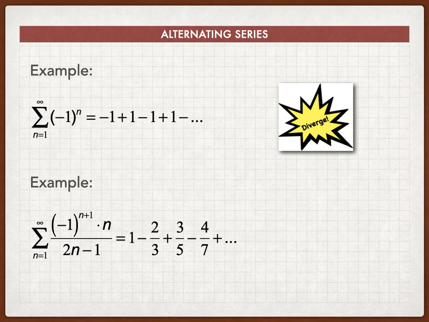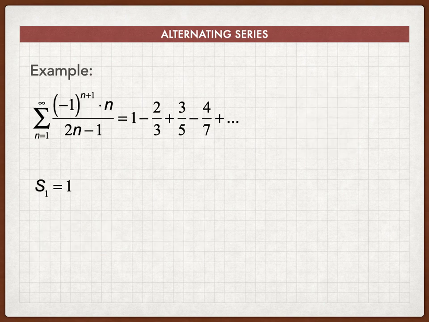Next, (-1) to the 2 plus 1 power is -1, and it's multiplied by 2/3. So we end up with -2/3. On and on, the sign alternates. Now we are adding and subtracting smaller and smaller amounts. Does this series converge? Let's look at the first few partial sums.